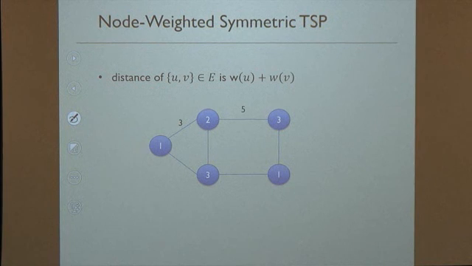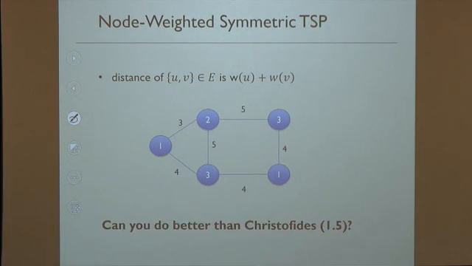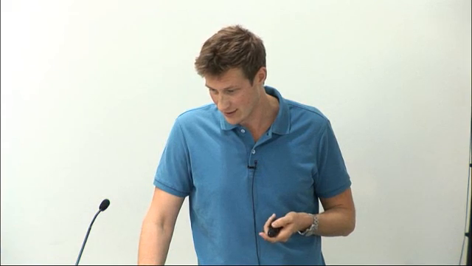That's a special kind of metric. Several people have been thinking, and here we don't know how to do better than Christofides. So this is somehow in between the general metric and the shortest path metric for unweighted graphs. I think it's a good open problem, and I would be very interested in a solution.